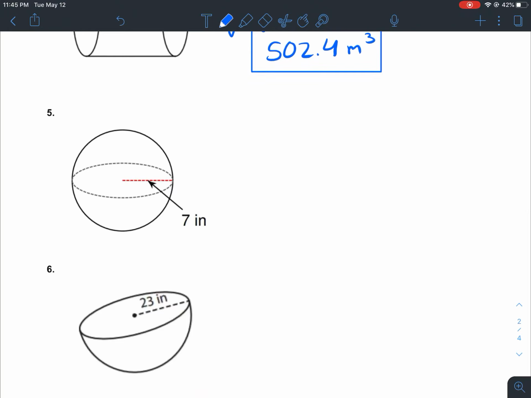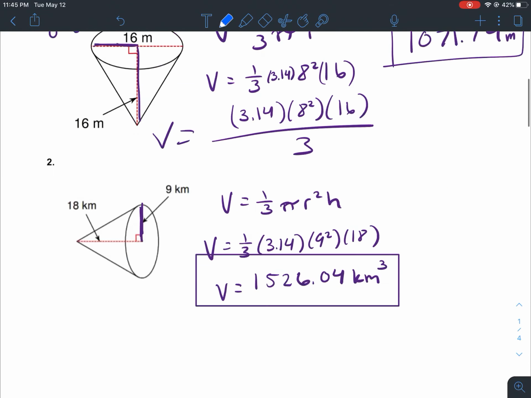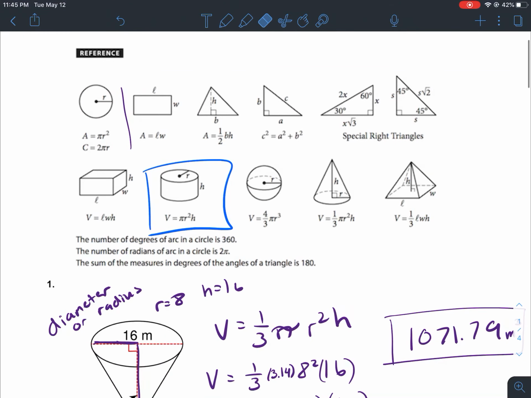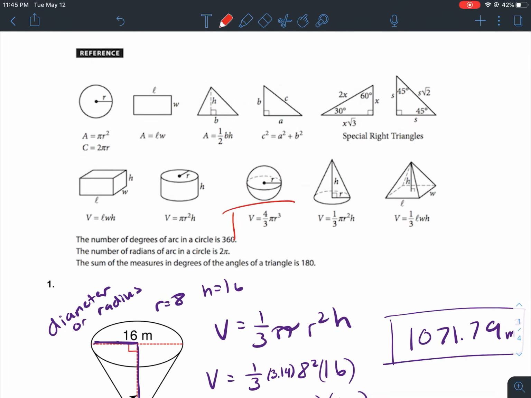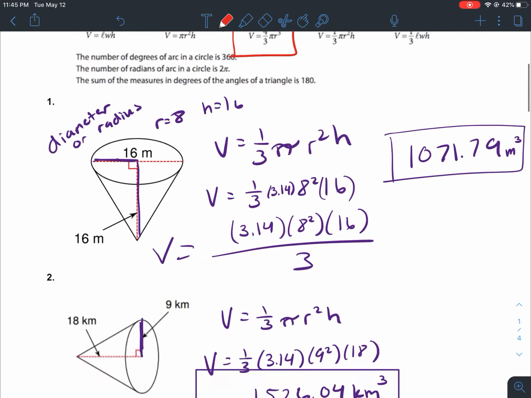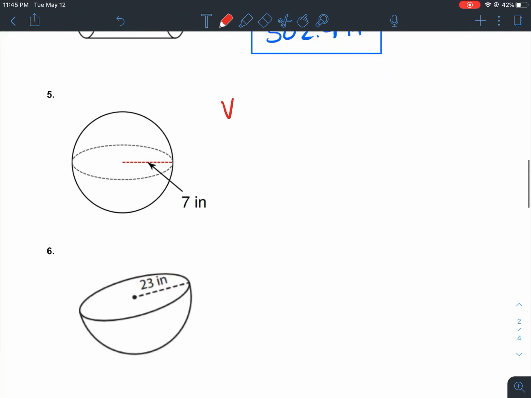All right, so for number 5, we have a sphere, an entire sphere. So we can go ahead and look at our formula for a sphere. Our formula for a sphere is 4/3 pi radius cubed.